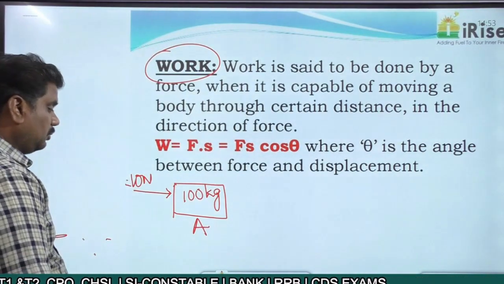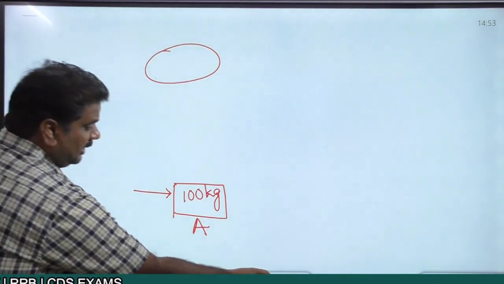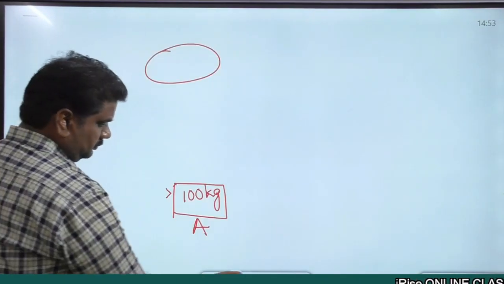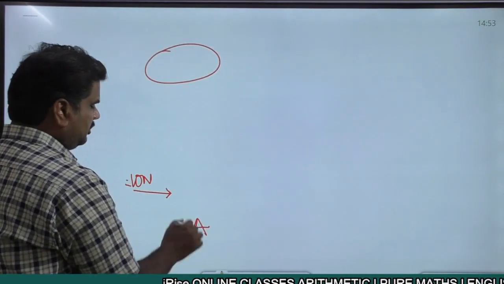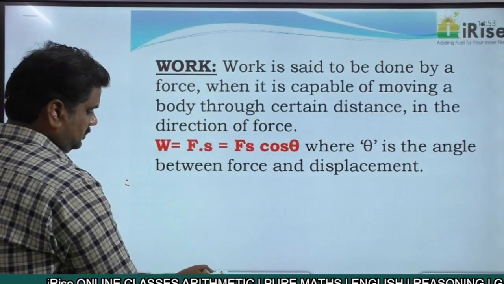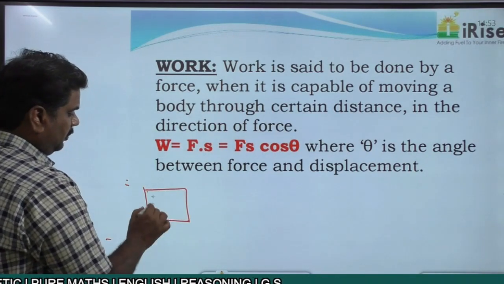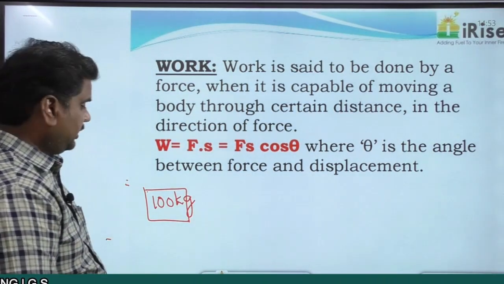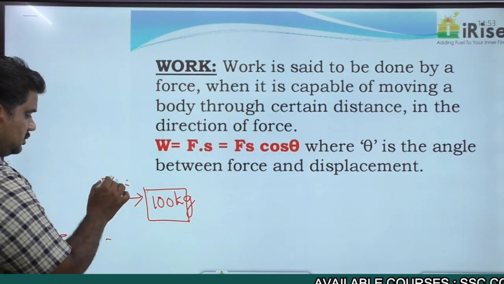Suppose that onto this particular object of 100 kgs, you are applying a force of something around 50 newtons.